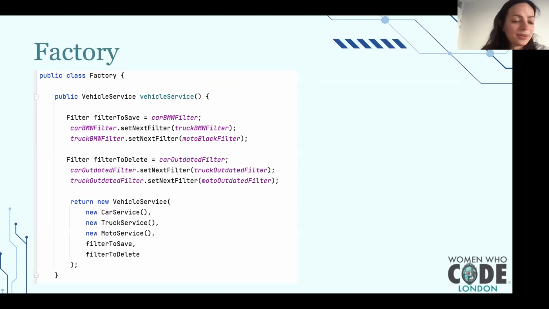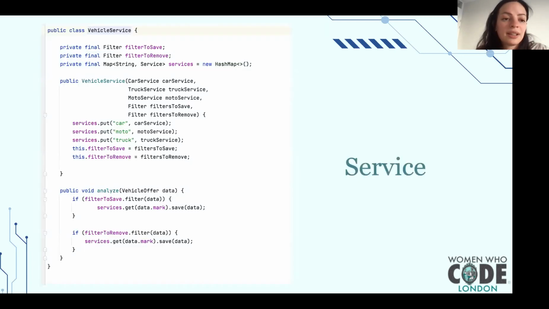I also create only one filter to save and one filter to delete. For the filter to save, I set the next filters. First I say filter car BMW, then set the next filter for truck BMW, and set the next filter for motor black, and that's it. And also filters to delete outdated cars, outdated trucks, and outdated motors. Yeah, and that's it. That's how my vehicle service looks after my refactoring.